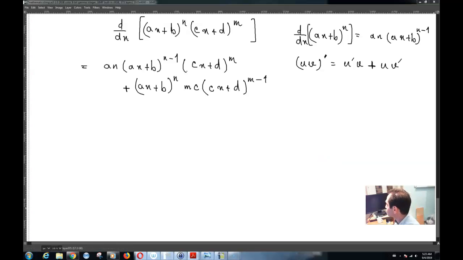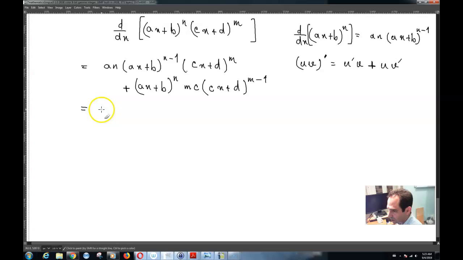So number 13 is (ax+b) raised to the power n minus 1 times (cx+d) raised to the power m minus 1. You can take these out and write this as, for example, we have (ax+b) over here and (ax+b) over here.